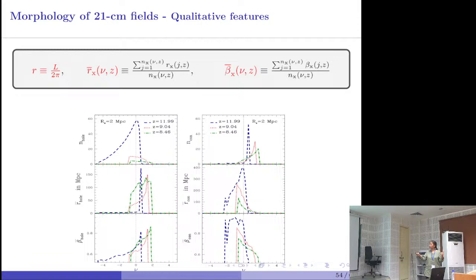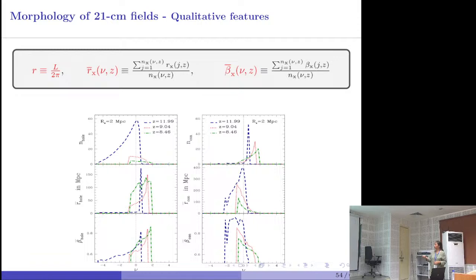So n_x, this small x here, is the number of holes or number of connected regions. So x can be either holes or connected regions. I am defining an effective size of the connected region structures or holes.